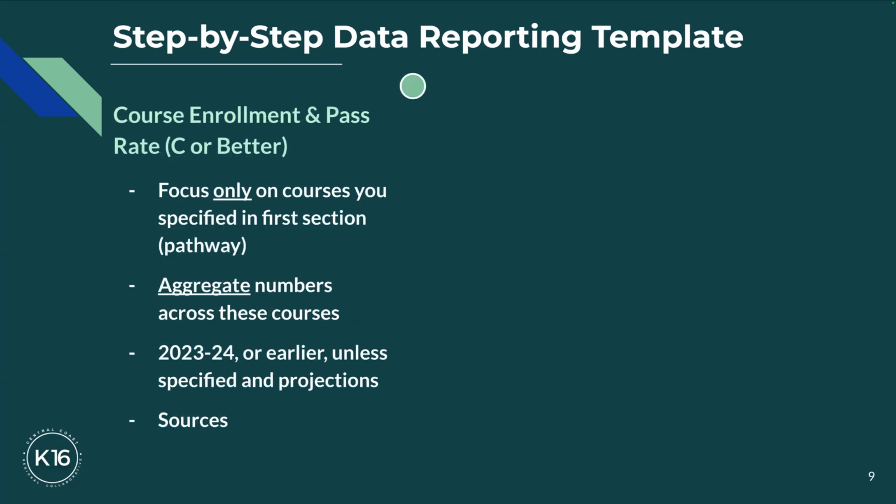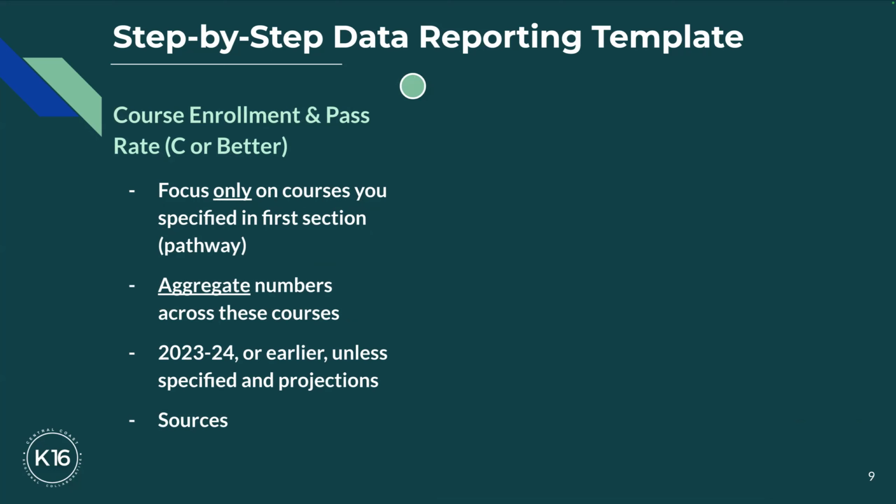So the next section is really looking at course enrollment and pass rates for those courses that you selected in that first section. Here, you're only going to focus on the courses you specified in the first section. And you're going to report an aggregate number across these courses.